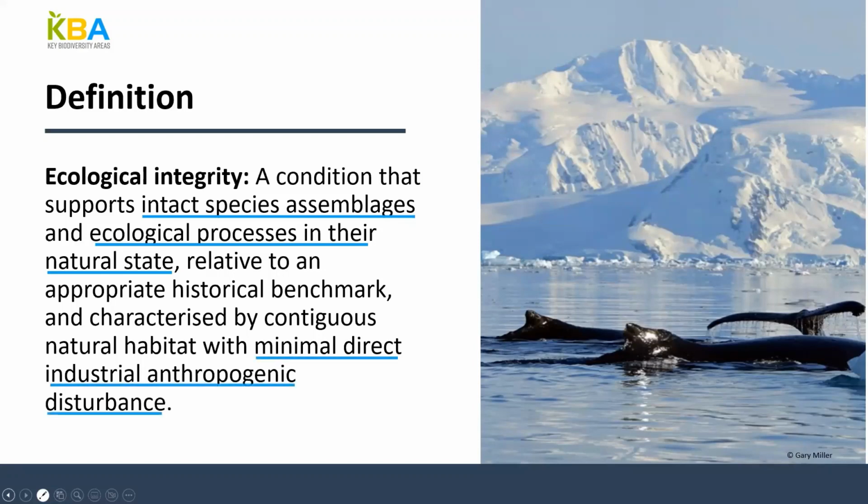And finally, the natural habitat that has experienced little direct industrial disturbance from humans is referring to the fact that these sites would have to be relatively free from large-scale human-caused disturbance. And this is in terms of industrial agriculture. It can be in terms of timber harvesting or invasive species.